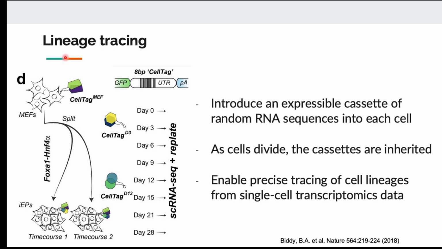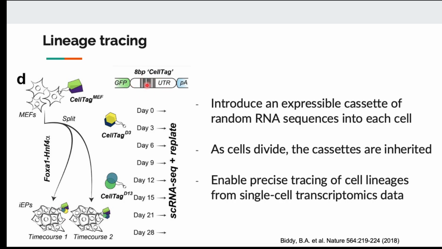Do the daughter cells gain a new phenotype, or does the expression level in the daughter cell change from the ancestor? We want to know the change. So we need to have a way to track which cells derive from which cells. So in this case, they developed a cassette of DNA called cell tag.